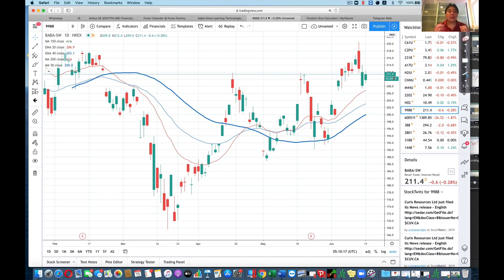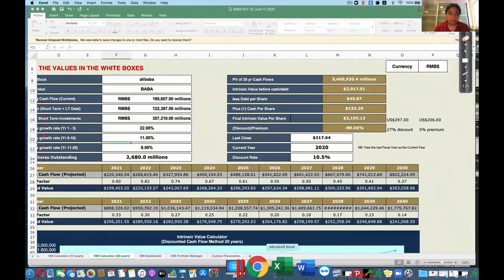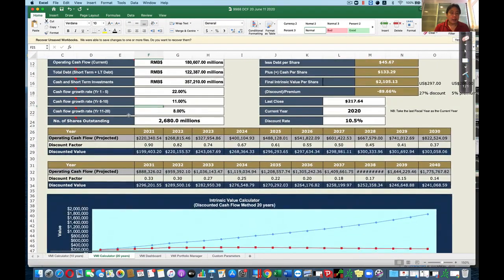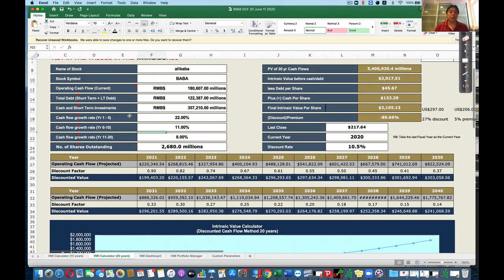So what's the intrinsic value of the Hong Kong share? Now again, it's a bit tricky, because remember that one US share is equivalent to 8 Hong Kong shares for Alibaba specifically. So let's now calculate the intrinsic value of the Hong Kong shares. Let's go back to our intrinsic value calculator. The easiest thing to do is this.